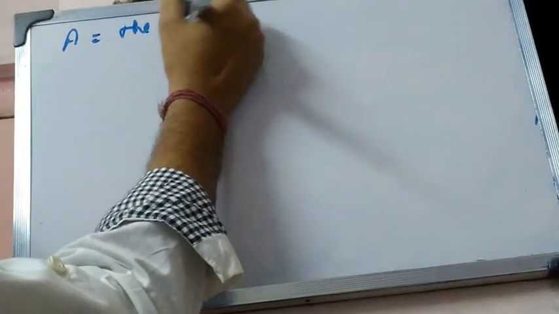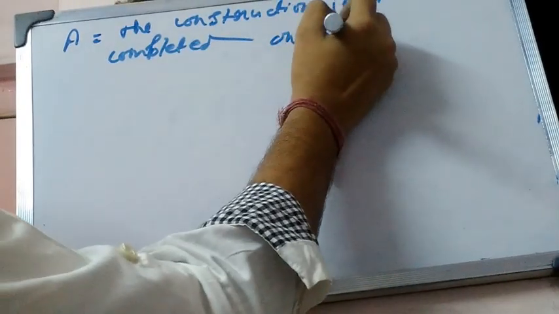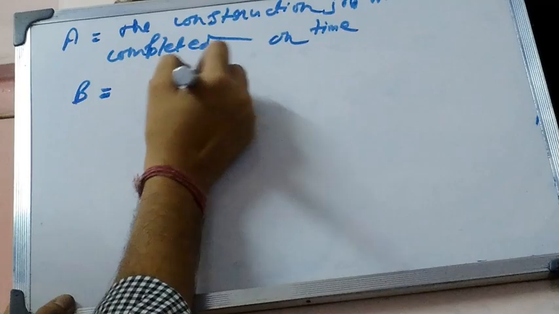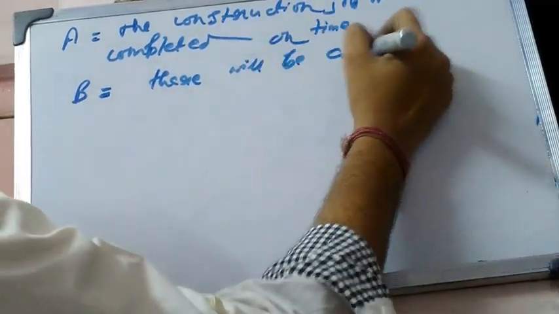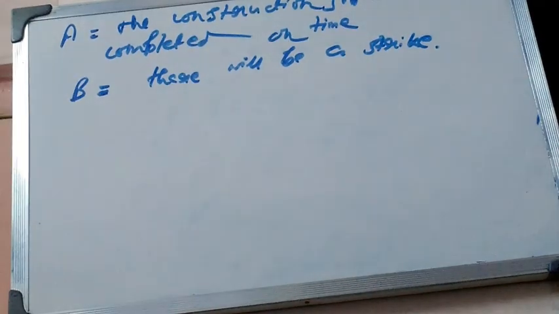Let A be the event that the construction job will be completed on time, and B the event that there will be a strike. Then obviously B complement will be the event that there will be no strike.